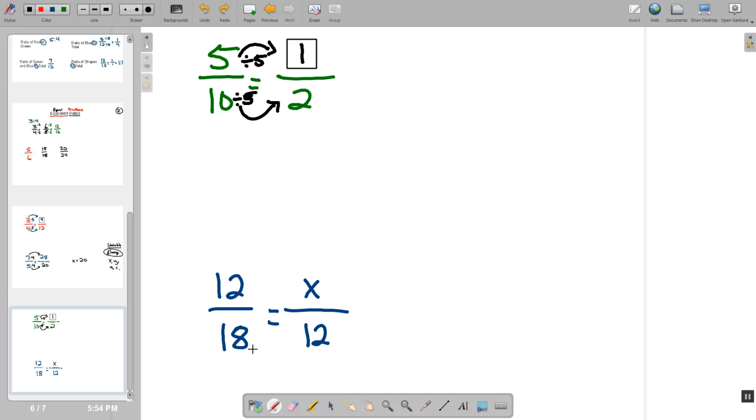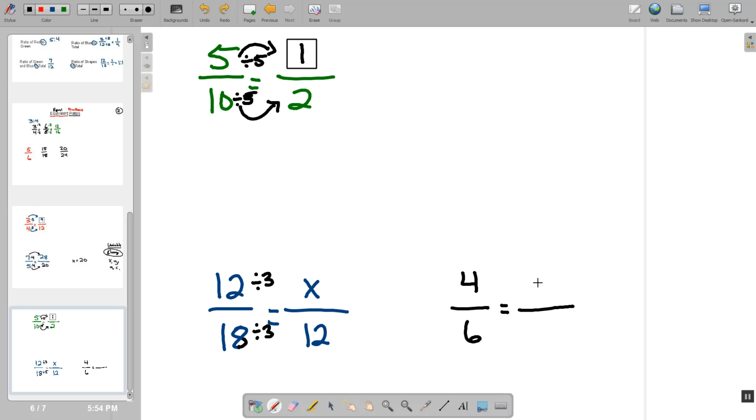Now the bottom fraction here, we have a little bit of a difficulty going from 18 to 12, because there is no whole number times 18 that's going to be equal to 12. So what I'm going to do before I start is try to simplify this fraction over here. Now I know that if we divided both of these numbers by 3, what I end up getting is 4/6.